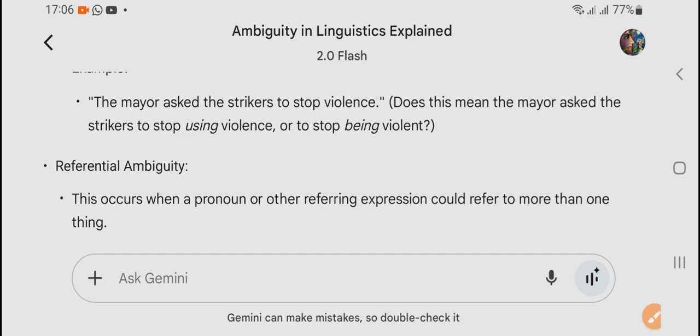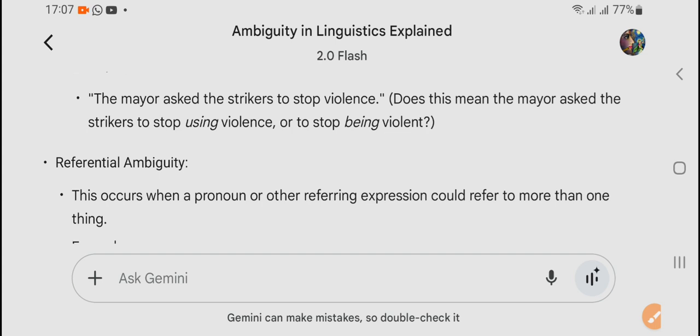Or that they should keep quiet, right? So "the mayor asked the strikers to stop violence." So whether to stop the riot or just sit quietly, it's not clear because of meaning, right? So that is called semantic ambiguity.